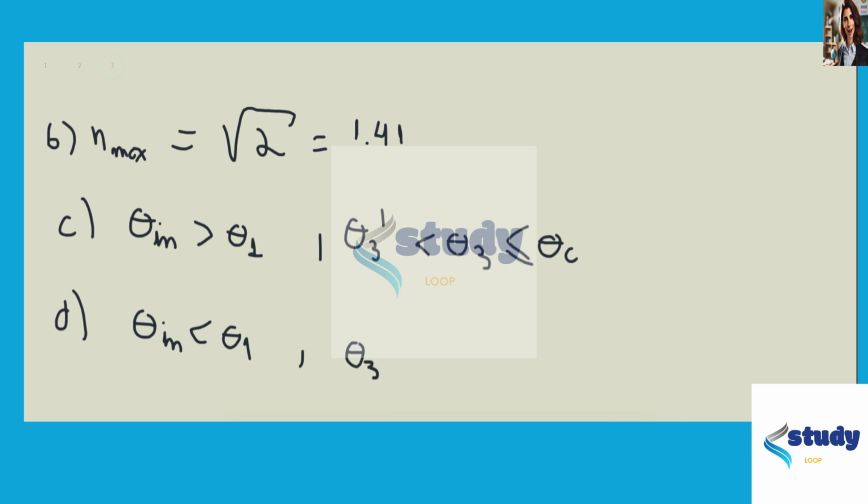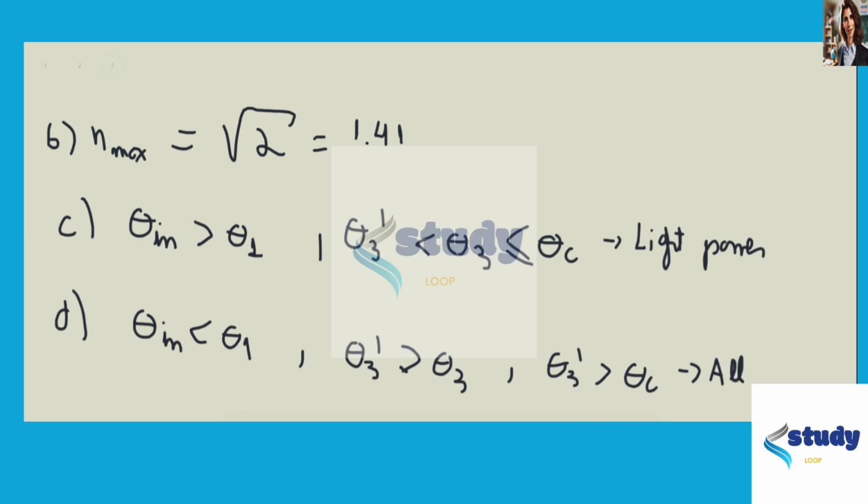So this means that θ3 prime will be greater than θ3, and this means that θ3 prime will be greater than the critical angle, and because it's greater than the critical angle, all light will be reflected. So here light passes, and here all is reflected.